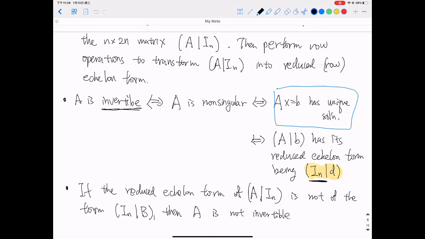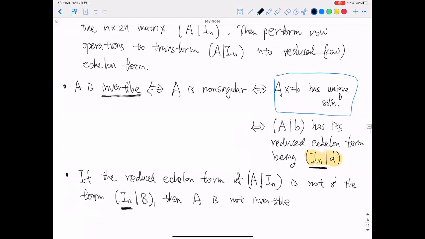Because for A to be invertible, A must be non-singular, and A being non-singular means that Ax equals b has a unique solution. That means when you transform [A | b] into reduced echelon form, it has to have I on the left side. So the left side in the reduced echelon form of [A | I_n] has to be I.